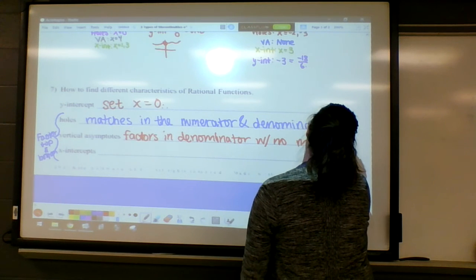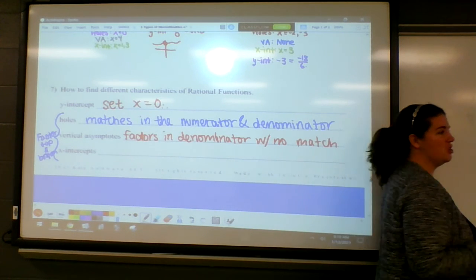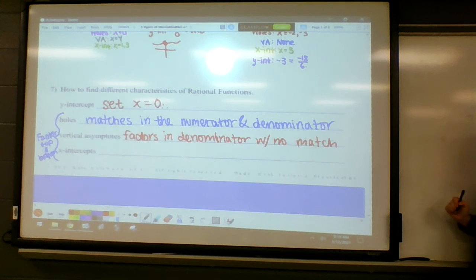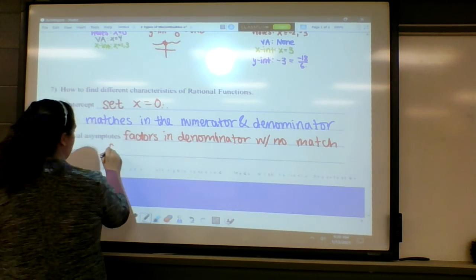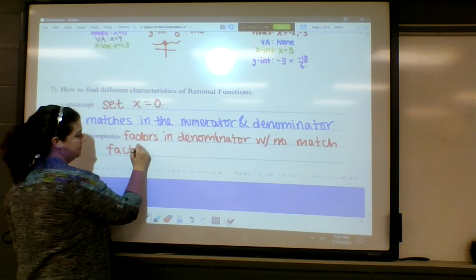And I am going to add with no match, because if it has a match, it's a hole, right? So you always find your holes first. It's easier to pick out your matches, and then kind of what's left over gets distributed to either your vertical asymptotes or your x-intercepts. So the x-intercepts are which ones? Factors in the numerator without matches.